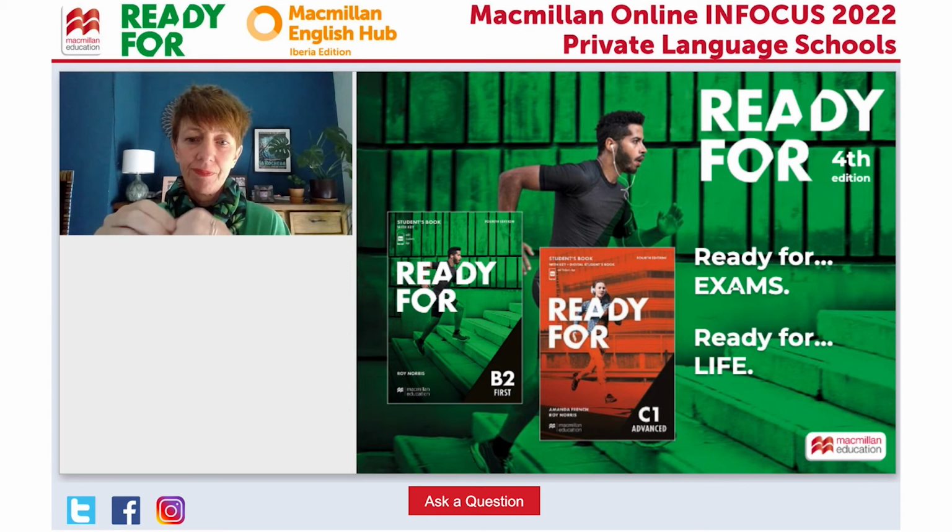So Ready For is now in its 4th edition. It's been working so well over the years, and that's why it's in its 4th edition. We don't really make 4th editions of books if they're not demanded. So we're very happy. Many of you teachers out there will already have used this book in previous editions, or possibly have seen it on the bookshelf.